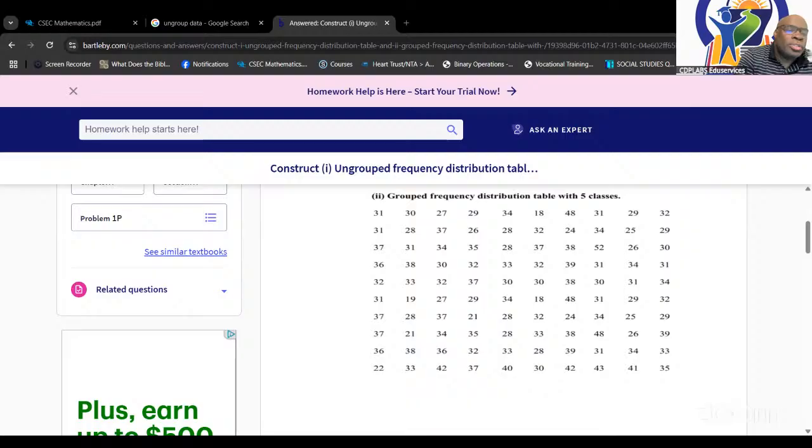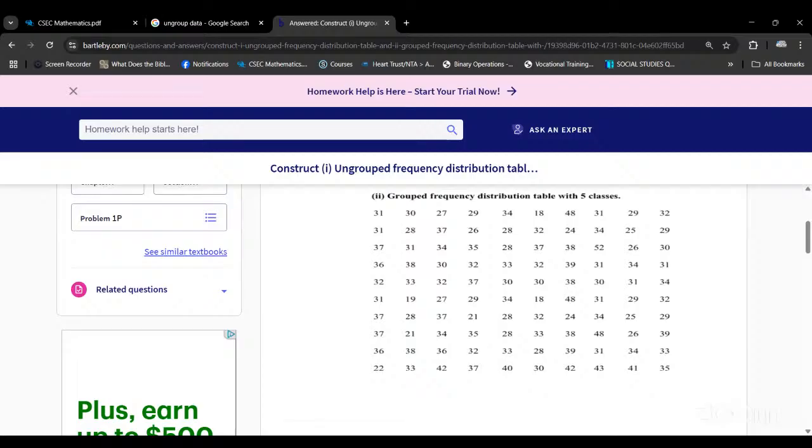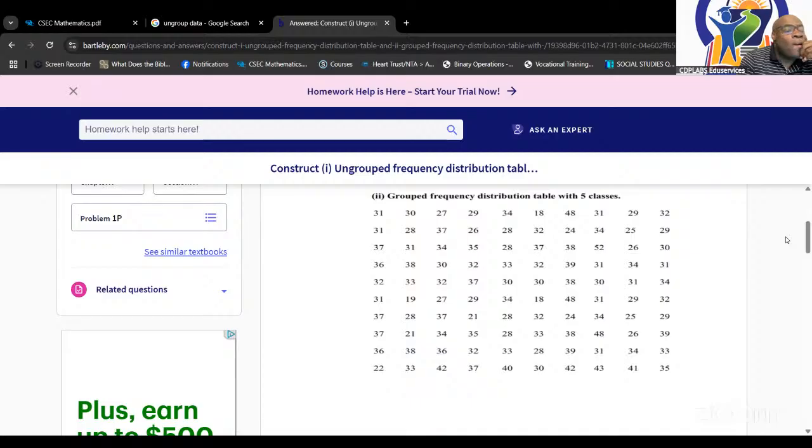Okay, just screenshot that. You know that'll work for you. Good? Sir, I'm almost finished, but alright. Okay, good. You almost finished drawing the frequency table for this? Yes, sir. The ungrouped one. Okay. That's good.